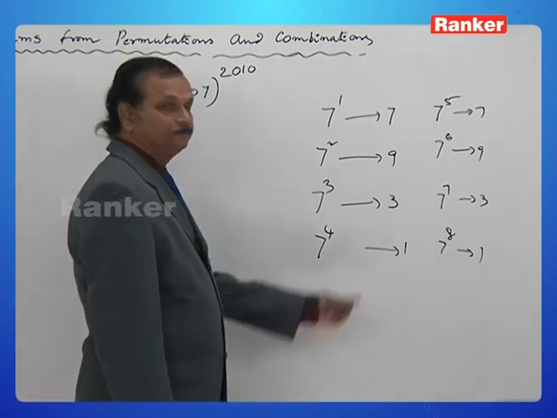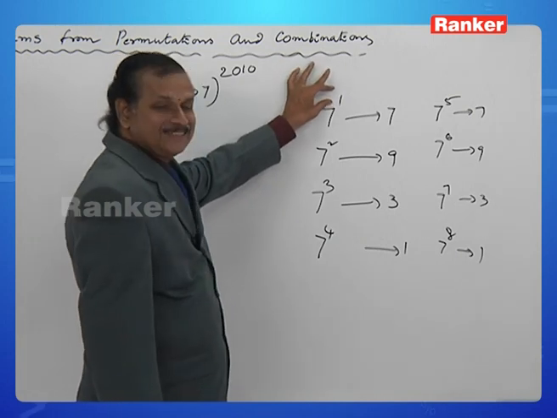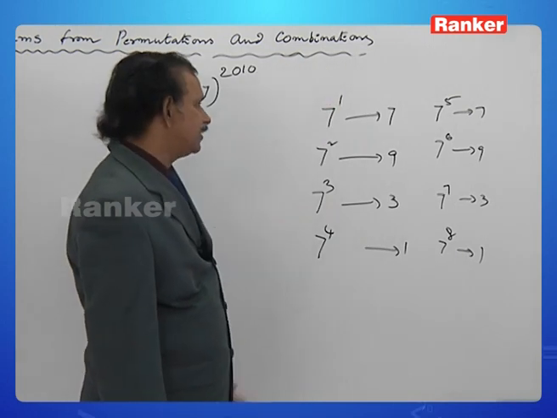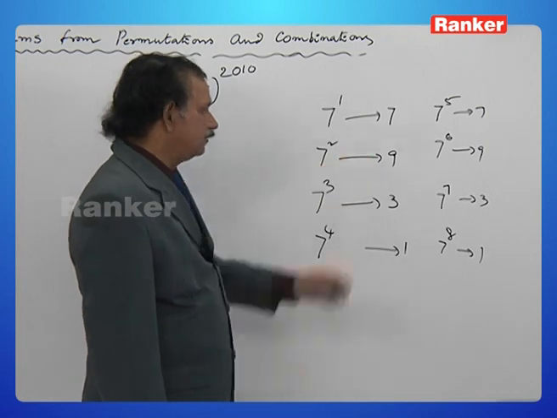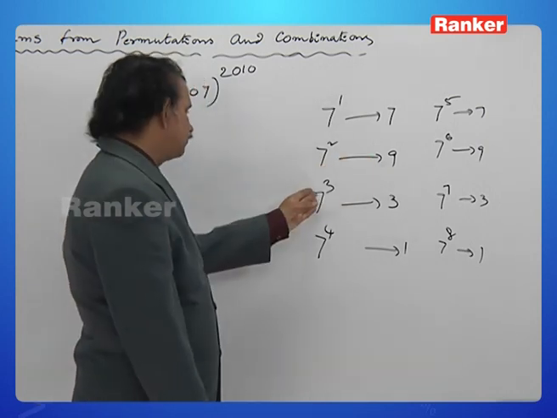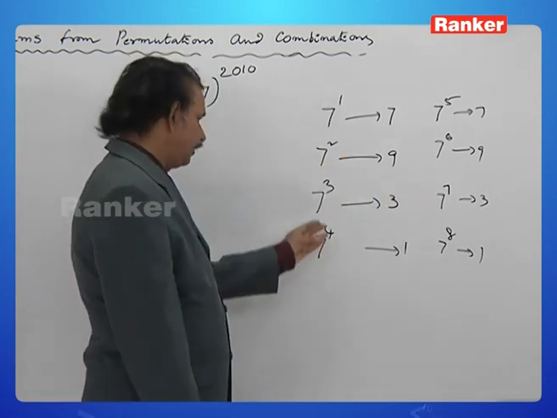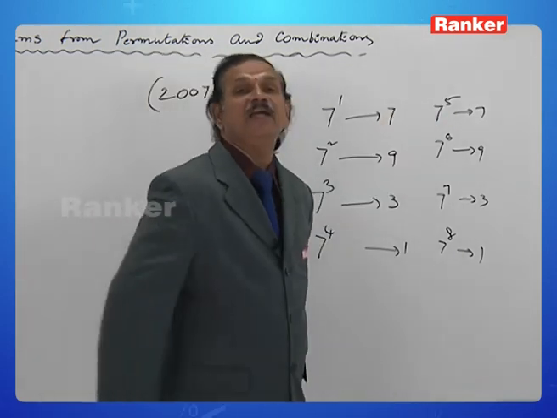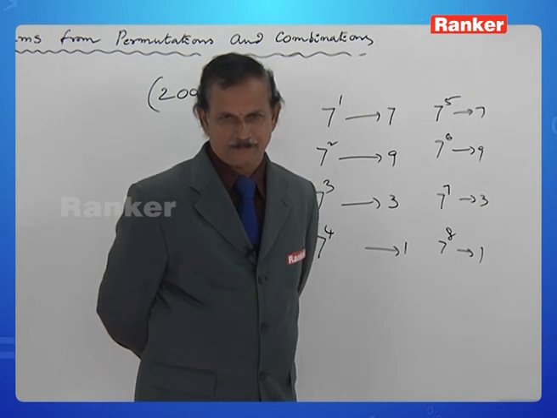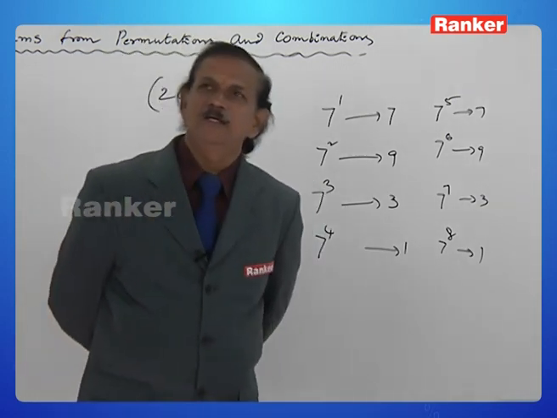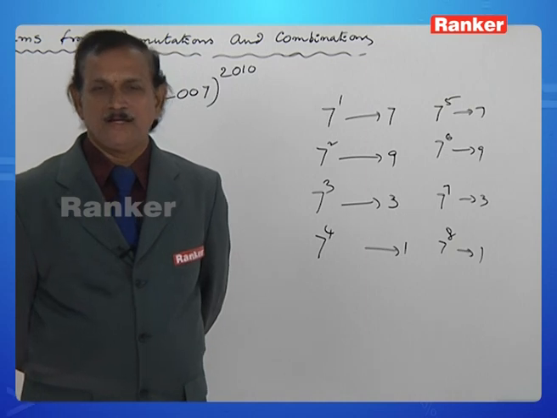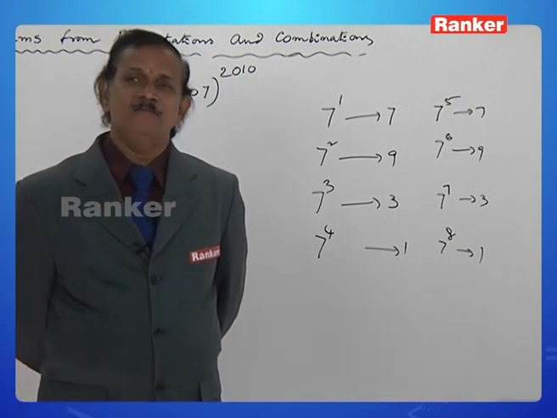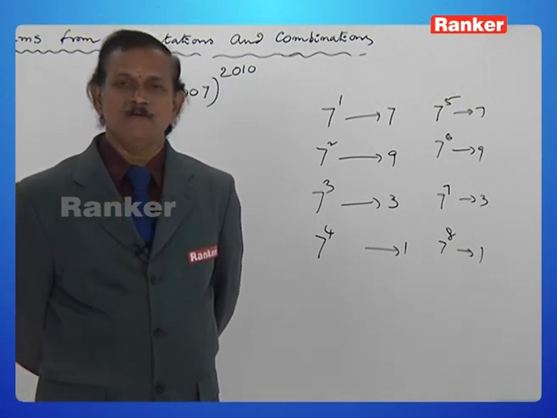Okay, look here. If 1 is there in the exponent, last digit is 7. If 2 is there in the exponent, it is 9. If 3 is there, it is 3. If 4 is there, it is 1. But here, if the exponent is 5, you think of it in this way. Divide 5 with 4. What is the remainder? 1.